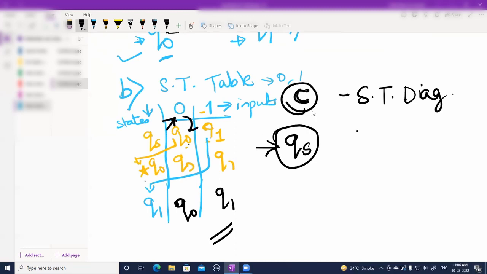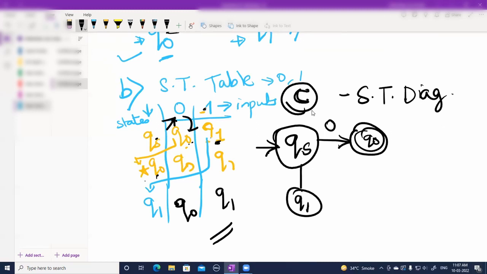So we'll write Q0 as the state, and as this is the final state, I will mark it as a double circle. The connection from QS to Q0 is by input symbol 0. Now QS on 1 goes to Q1, so there we have to draw the Q1 state.